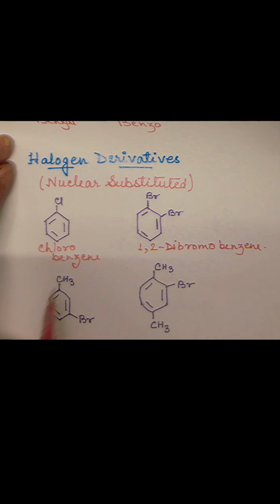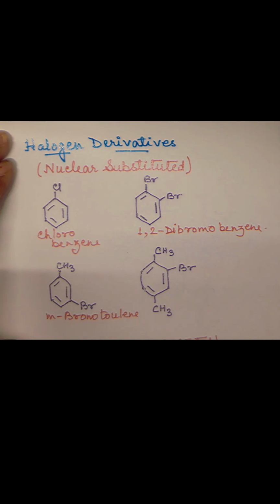Now the next one, here it is a CH3 with a Br. Remember, a benzene ring with a CH3, in its common name we call it toluene. So by the common name, I would call it metabromotoluene. But if I write the IUPAC name, remember the branches are taken in alphabetical order.